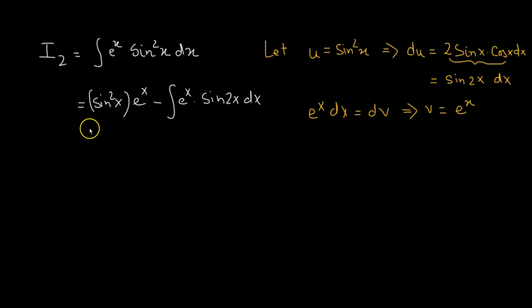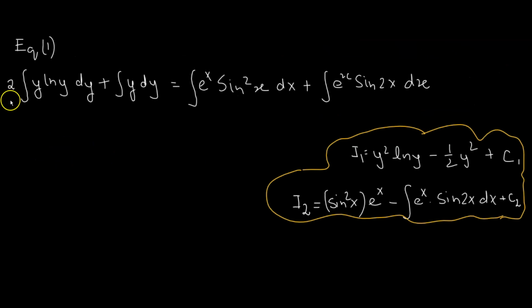Now let's substitute this value back into our equation number 1. So we have this entire thing as I1: y squared natural log of y minus half y squared plus the constant of integration c1.